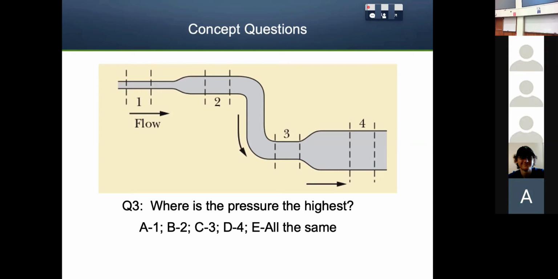So the answer is 4 because the velocity is smallest and therefore the pressure must be highest. Somebody else want to make an argument for something else? Robert? So you're agreeing with Isaac that it's 4, not only because it's moving slower, but because it's lower in elevation? Okay.